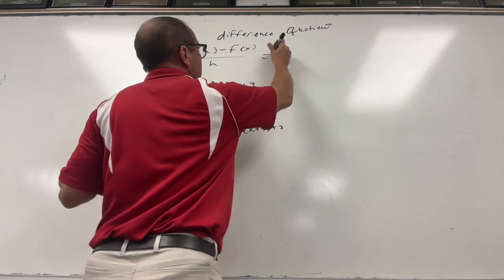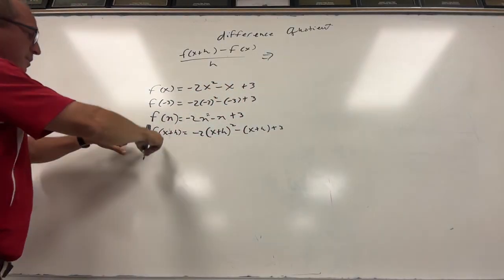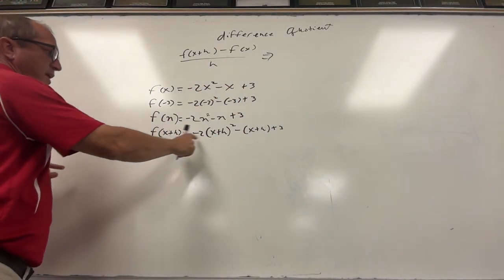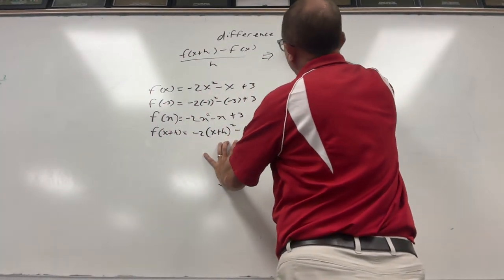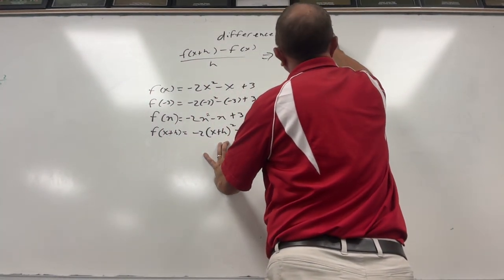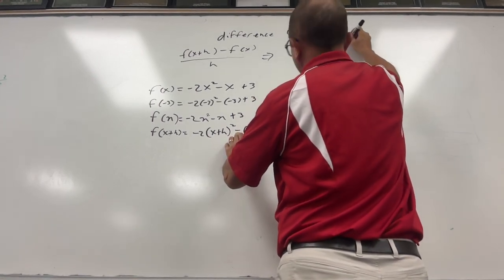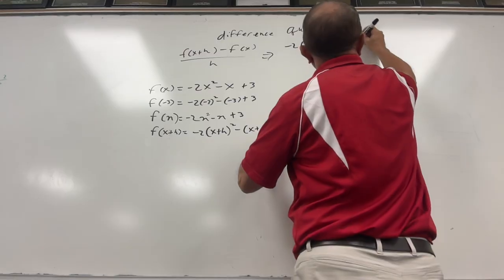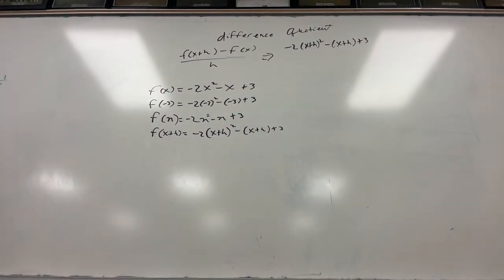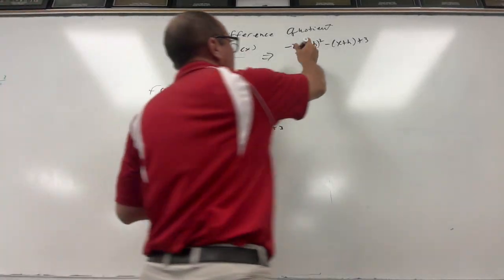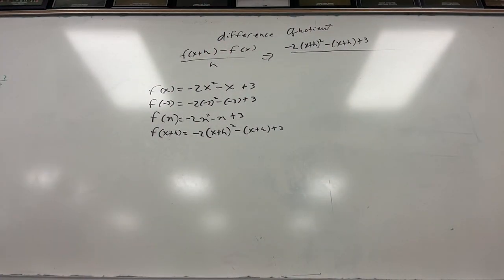So, for this particular problem, the difference quotient says I'm going to take f of x plus h, which for this particular problem is negative 2 times x plus h squared minus x plus h plus 3. Now, what does it say for us to do with f of x plus h in the formula?